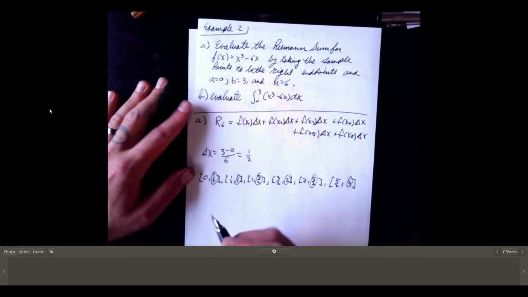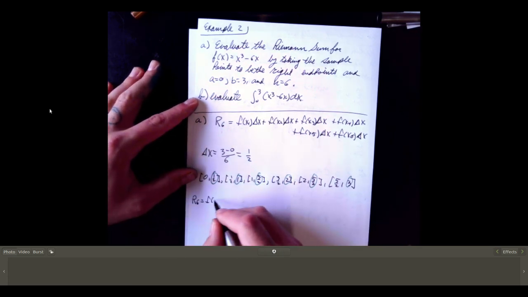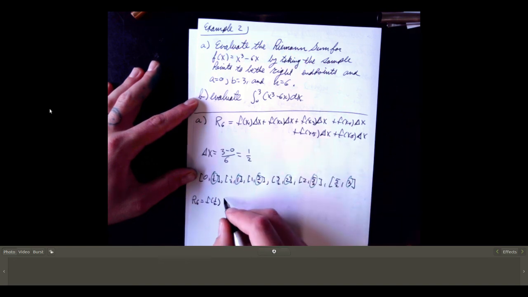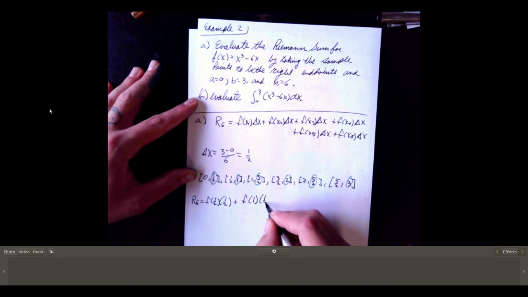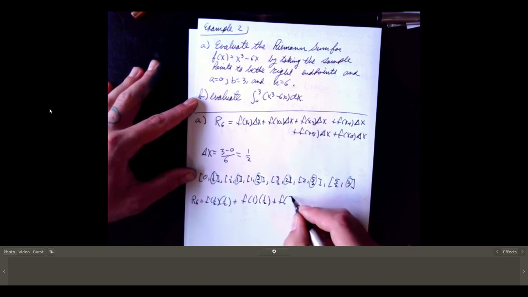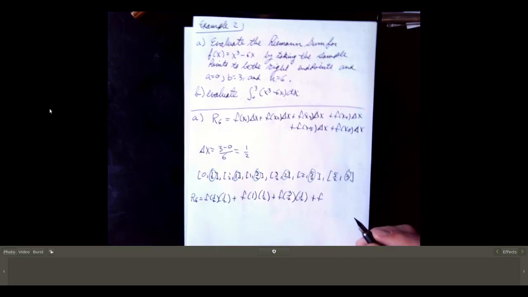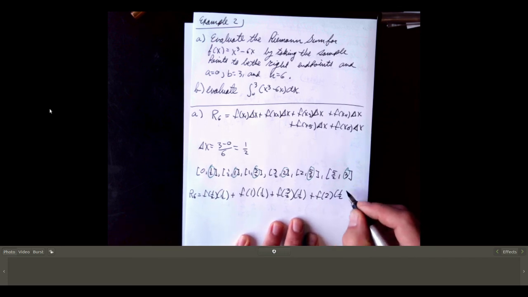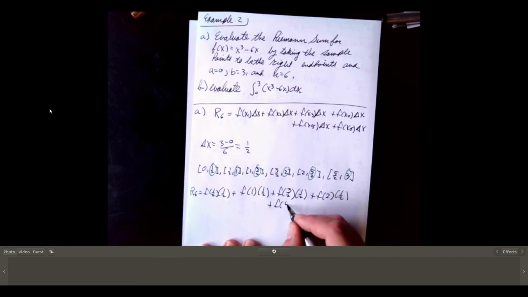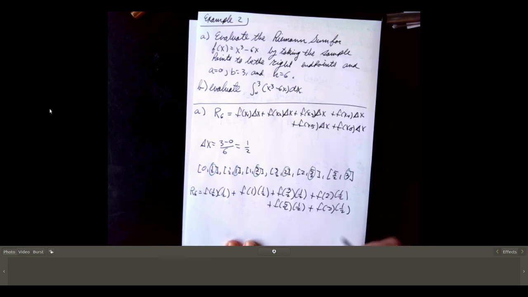So R6 is going to be equal to f of 1/2 times 1/2 plus f of 1 times 1/2 plus f of 3/2 times 1/2 plus f of 4/2, which is 2, times 1/2 plus f of 5/2 times 1/2 plus f of 3 times 1/2.